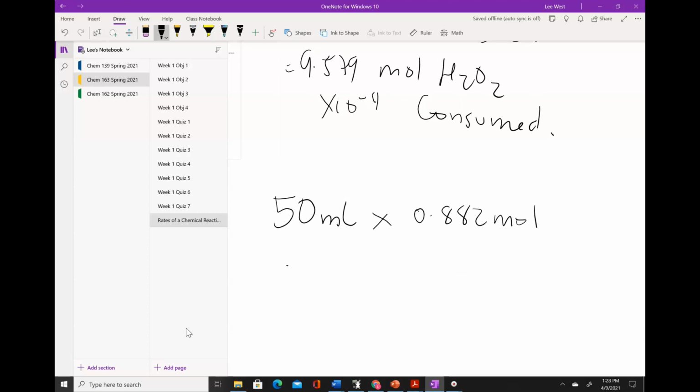That's 0.882 moles of H2O2 for 1 liter, or another way of writing 1 liter would be for every 1,000 milliliters.